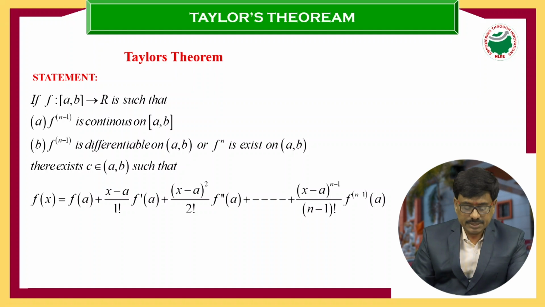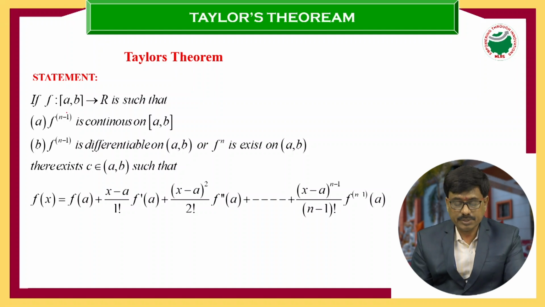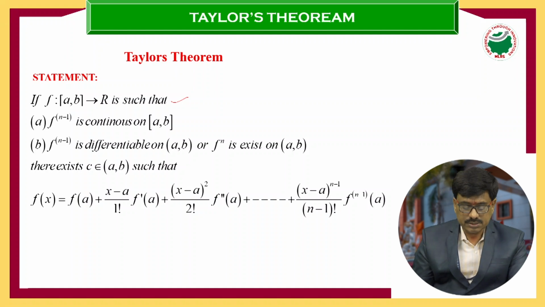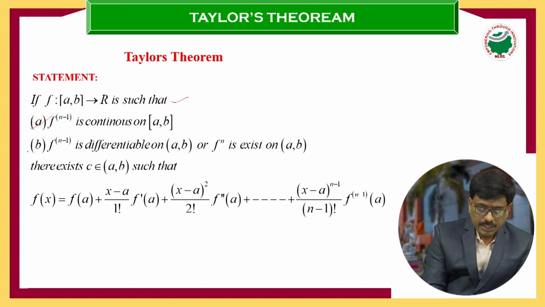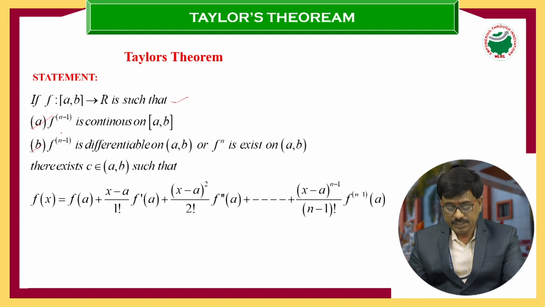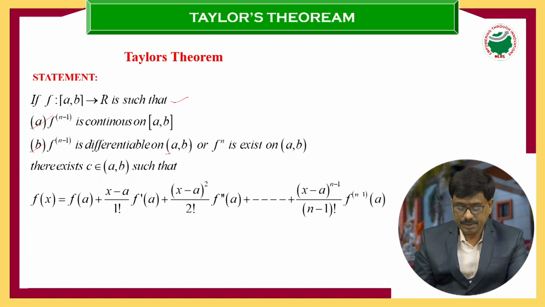Taylor's theorem statement: f is a function defined from [a, b] to R such that the (n-1)th derivatives are continuous in the closed interval [a, b], and f power n-1 is differentiable in the open interval (a, b).